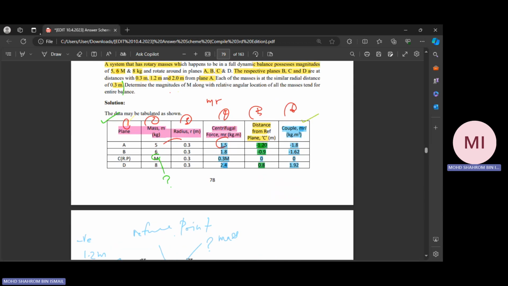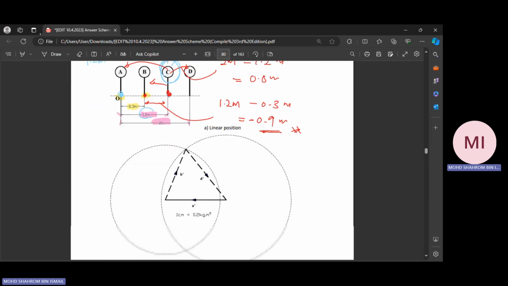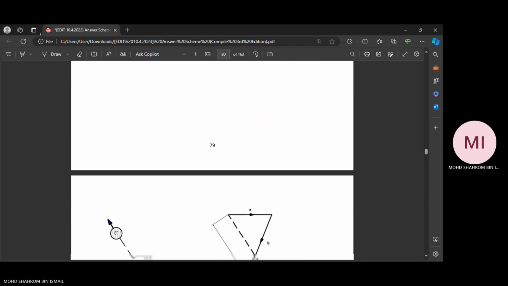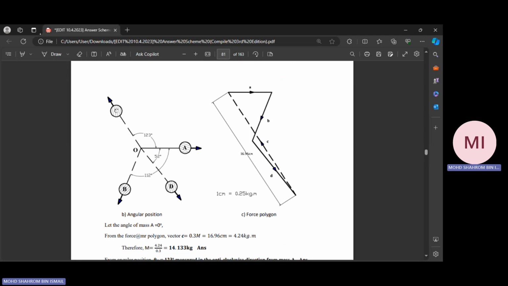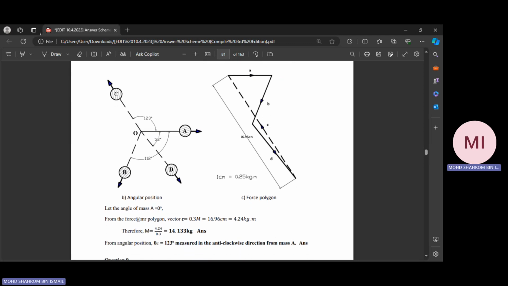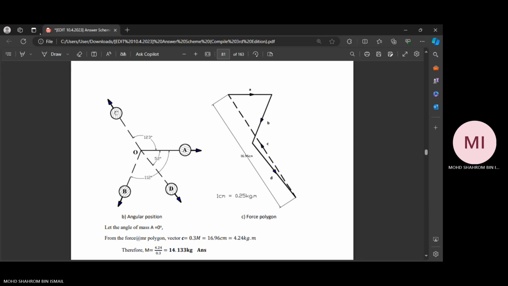So what is the question? Determine the magnitude of m along the relative angular position. Okay. So this is the angular position. Let's say we start from A. A is 0. And then what's supposed to be the angle of B?